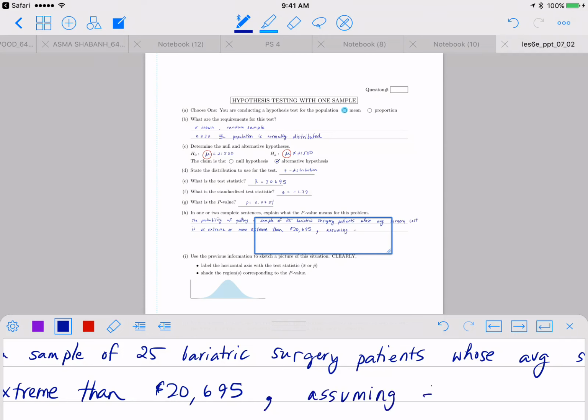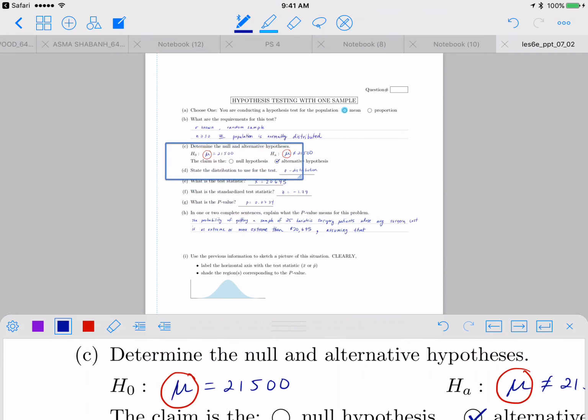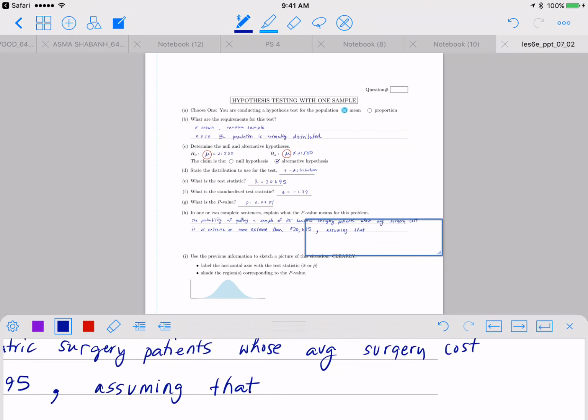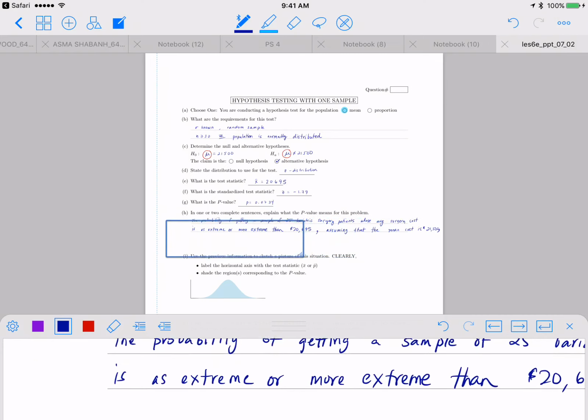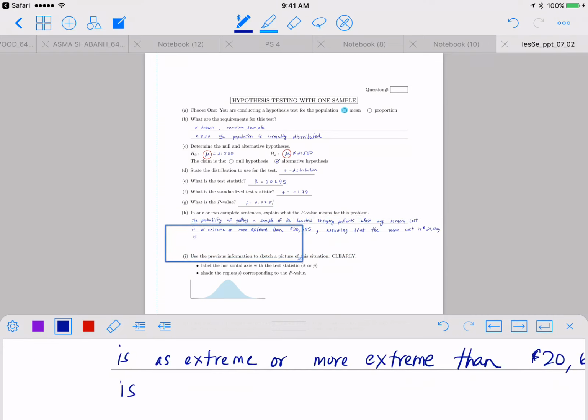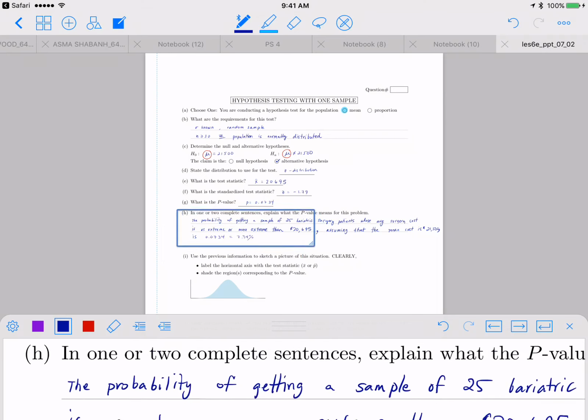Assuming that H naught is true. What is H naught? Assuming that the mean cost for bariatric surgery is $21,500, is 0.0734, which is 7.34%.